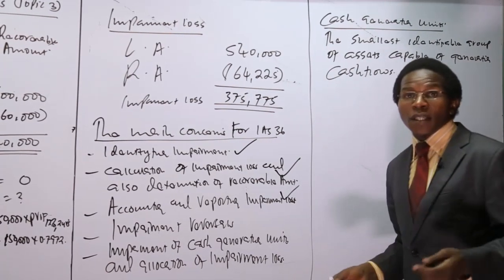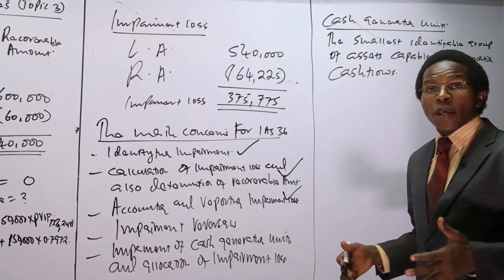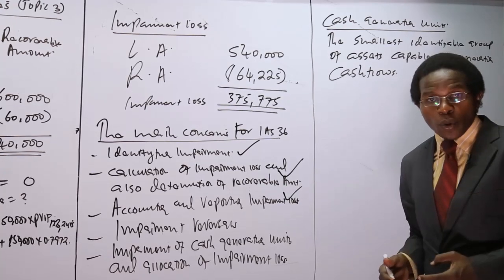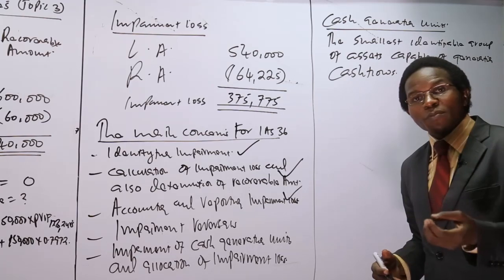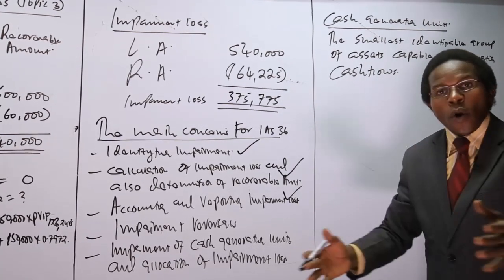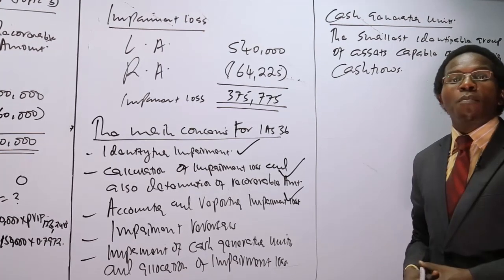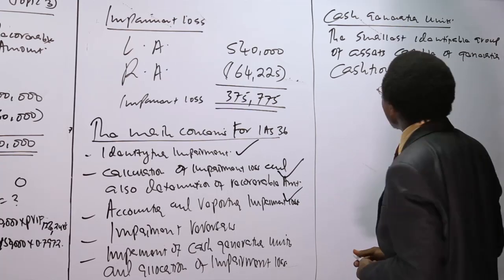That comes in when an entity, an asset, or an investment cannot generate cash flows on its own, but when combined, when put together, they are able to generate cash flows. That's now a cash generating unit.